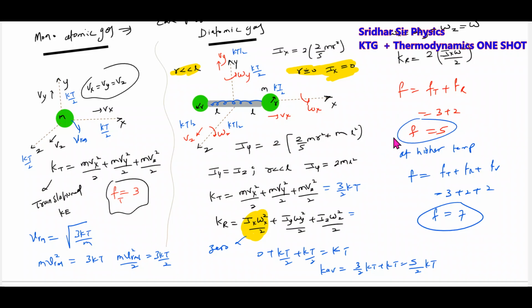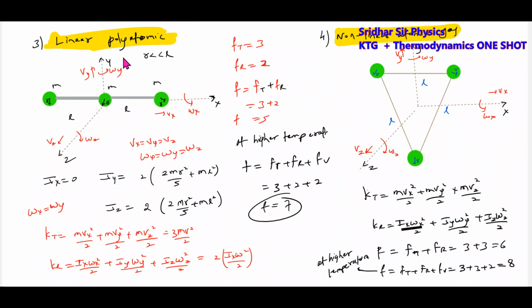Then linear polyatomic gas. Again, the size of the molecule will be much less than L. Then the molecule will move along x, y, and z, all 3 axes, so 3 translational motions. The moment of inertia about the x-axis will be 0 because r is very much less than L. About the y-axis and z-axis it will be non-zero.